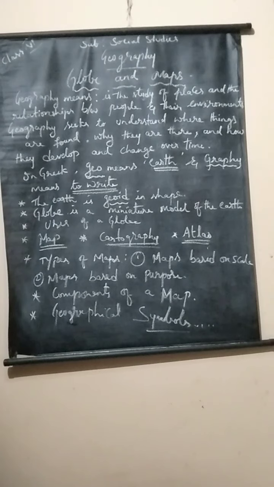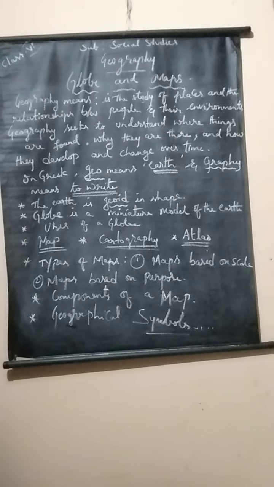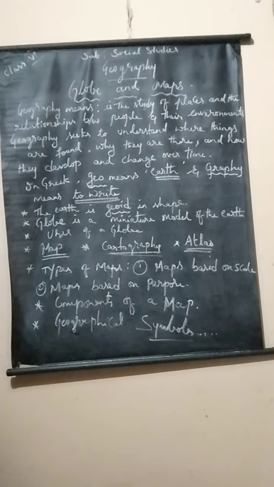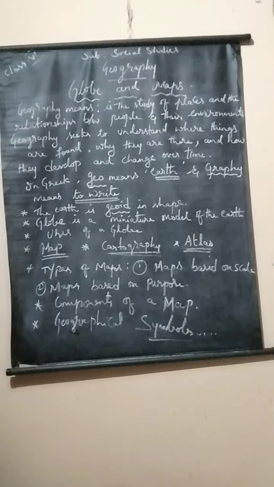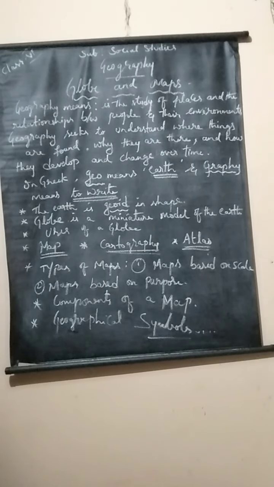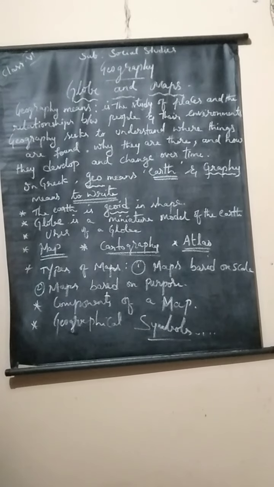Okay. Maps guide the tourist to their destination. Maps are very good teaching learning aids in the classroom, and they are very easy to carry also. These are the important uses of maps.